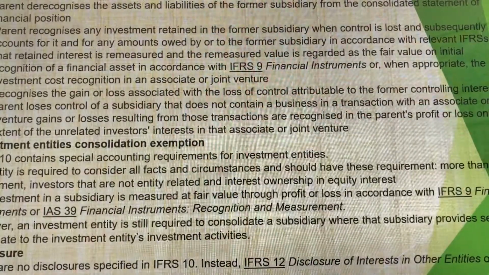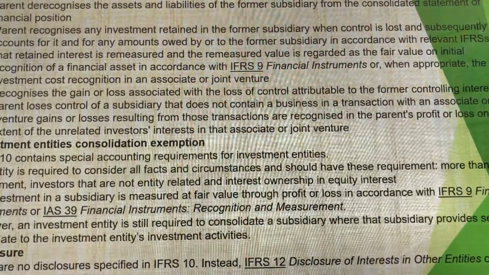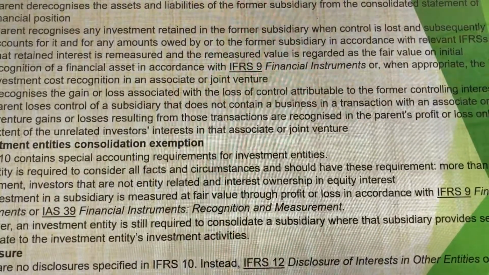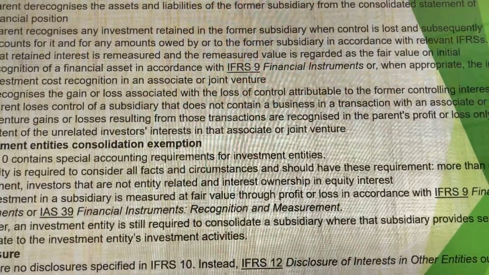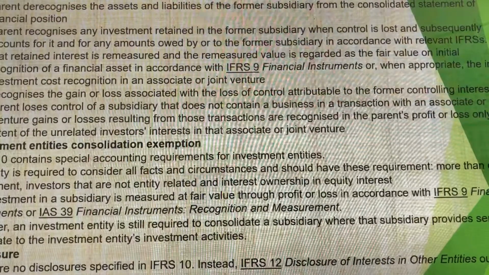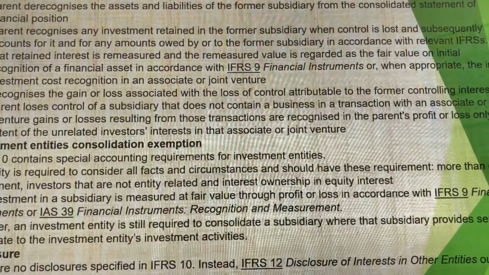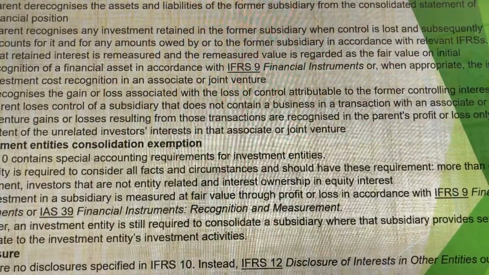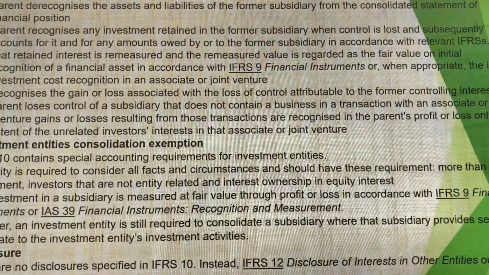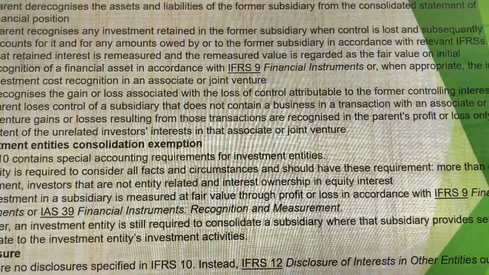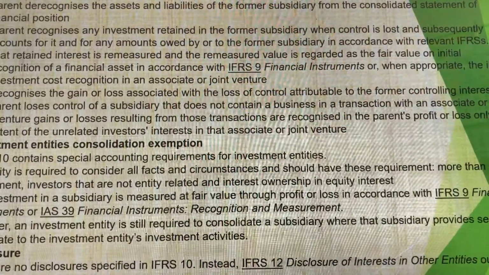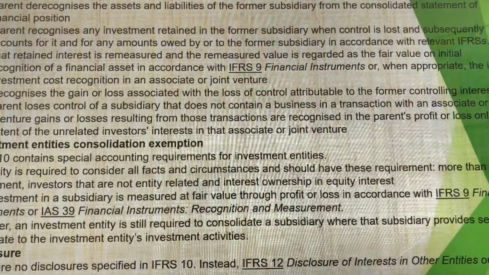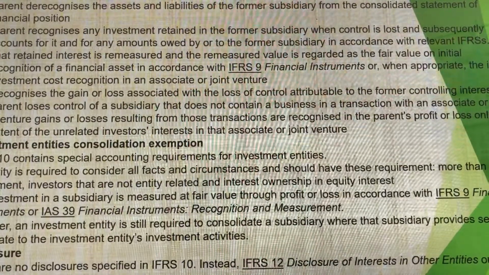Investment entity consolidation exemption. IFRS 10 contains special accounting requirements for an investment entity. An investment in a subsidiary is measured at fair value through profit or loss in accordance with IFRS 9 Financial Instruments or IAS 39 Financial Instruments: Recognition and Measurement.